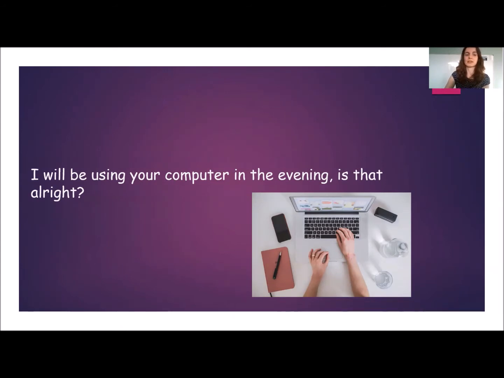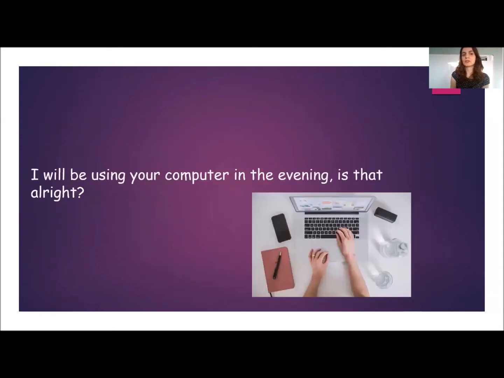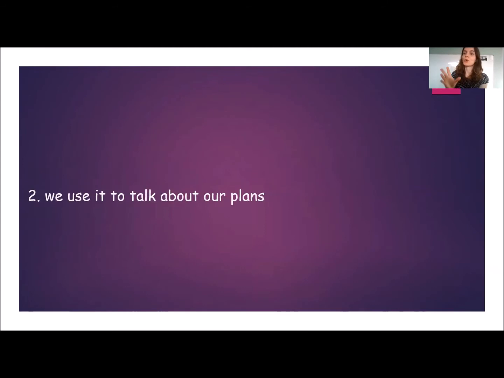Let's have a look at a second situation. Let's say that I want to ask my friend, hey, will you be driving past my house? Maybe in the evening. Will you be driving past my house? In these two kinds of situations, we are talking about our future plans. So in that case, if you want to talk about your future plans or about somebody's future plans, you can also use this future continuous tense.